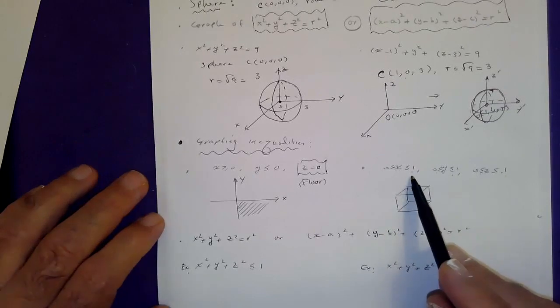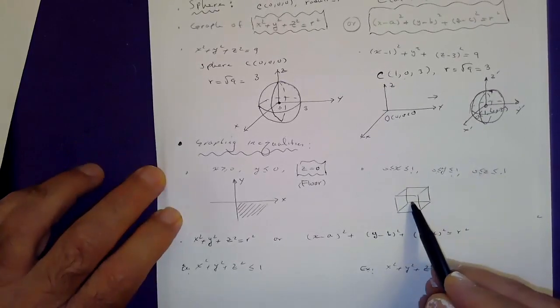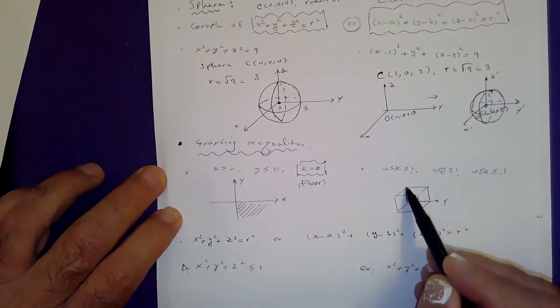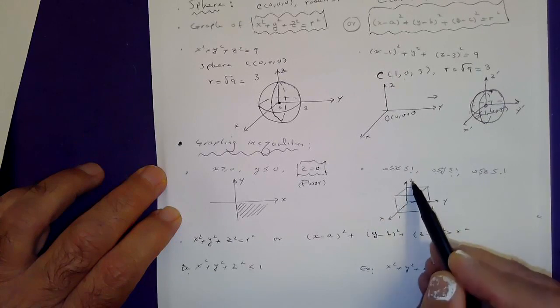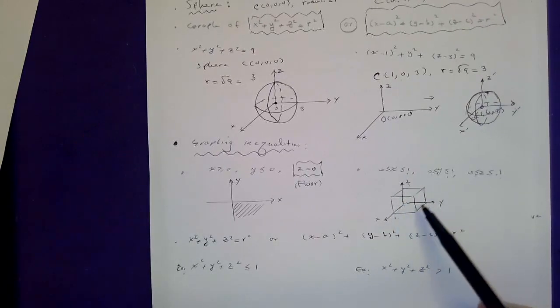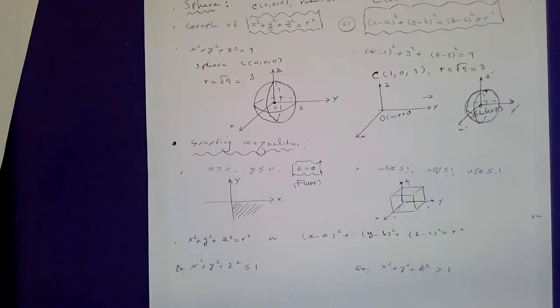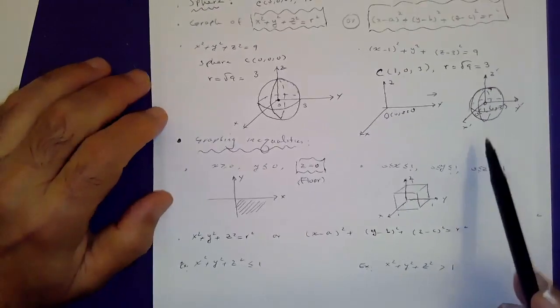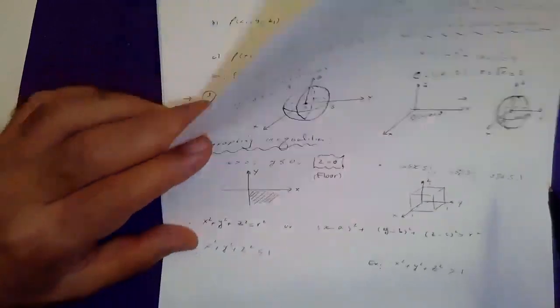Let's say this is the y-axis, this is the z-axis, and this is the x-axis. These are all equal to 1 unit. This would be a cube in the first octant. You see it, everything is positive.